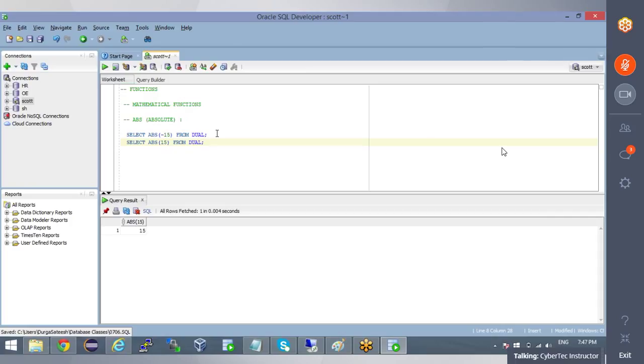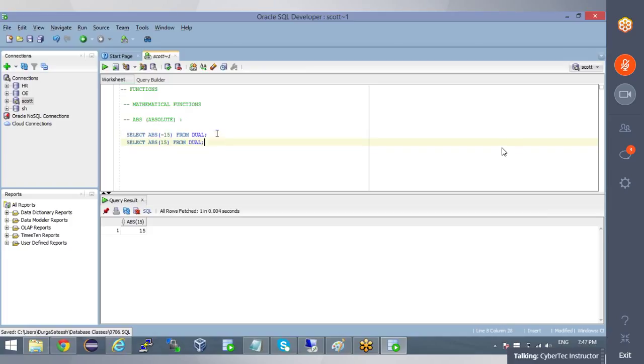Even then I'll get the output as positive. So the best way of remembering this absolute function is, if you have a column which is having negative data displayed and you want to convert into positive values, then make use of this function called absolute.